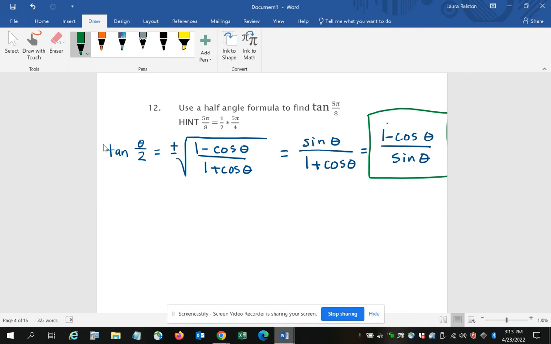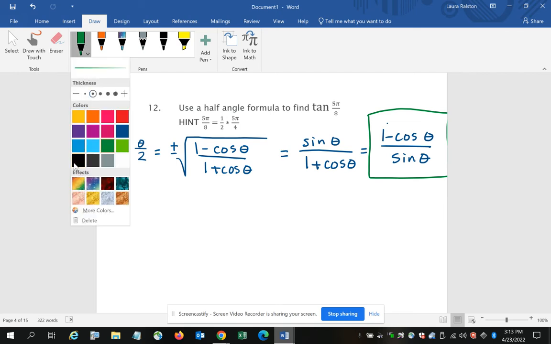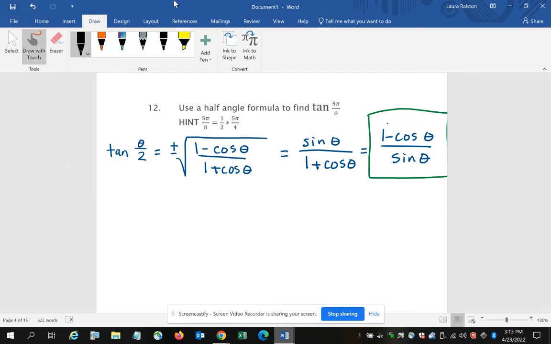It's just one plain old term. So I would use this formula, and I would strongly recommend that that be the one you use pretty much all the time for tangent. Is I have tangent of theta over 2 equals 1 minus cosine theta over sine theta.